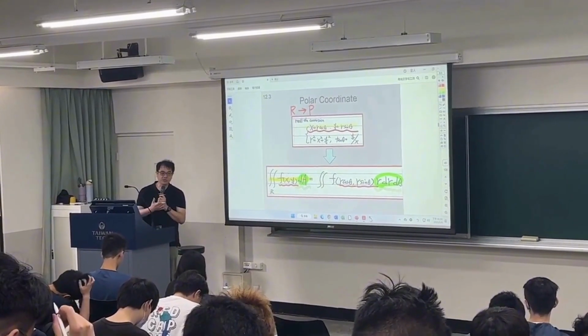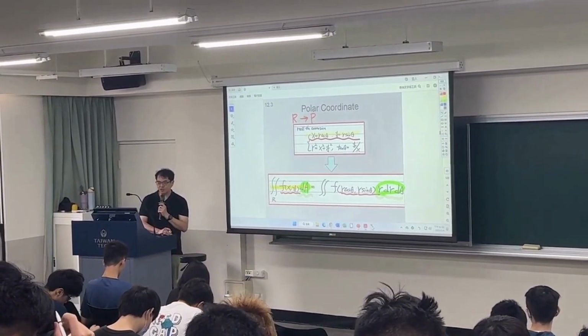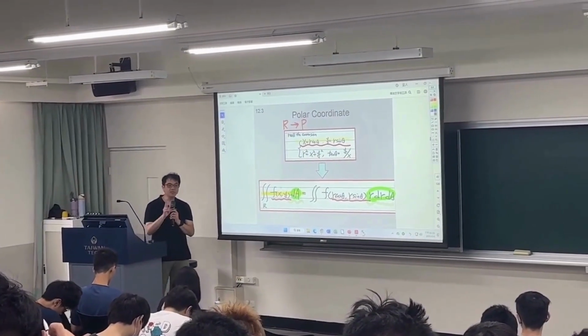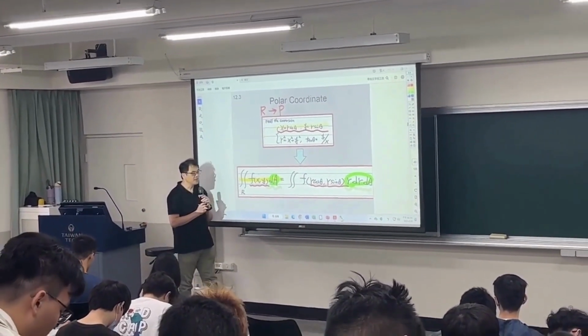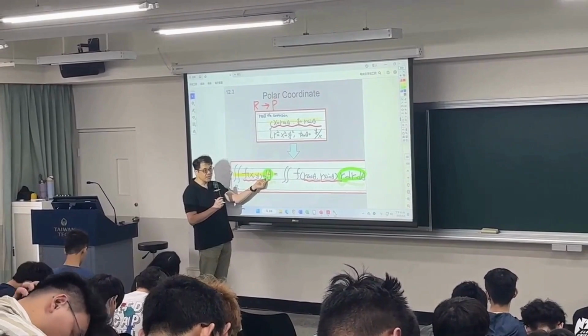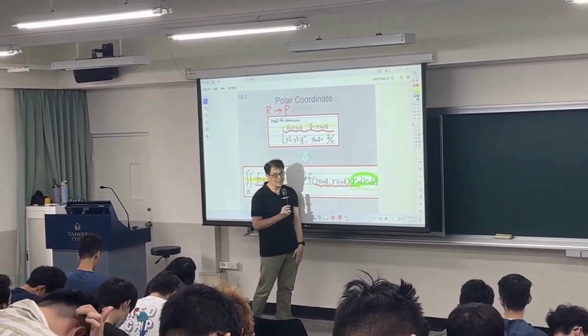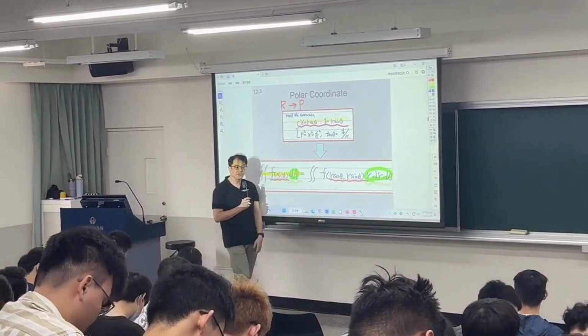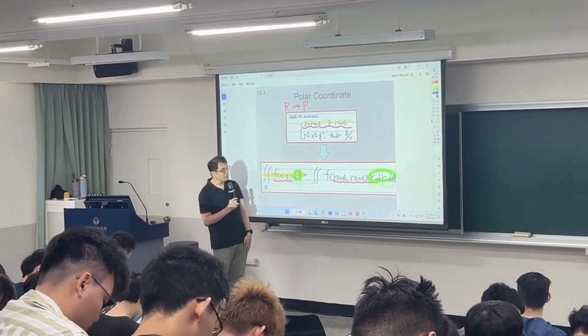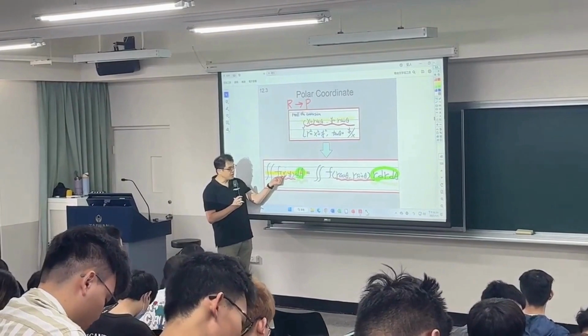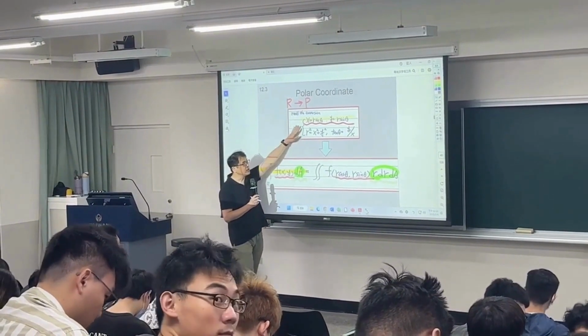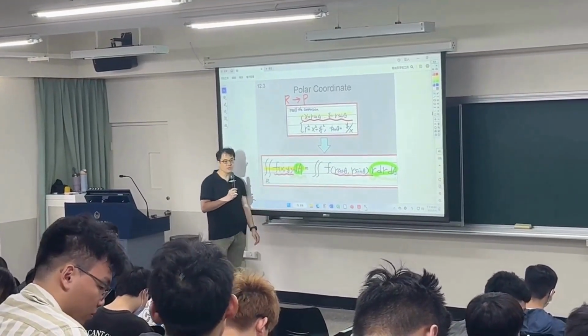So in other words, to do the double integral in polar coordinates, you just have two things to do. Firstly, always remember to change your dA to be r dr dθ. This is the first thing. And the second step will be, remember to change your x and y according to this conversion formula.